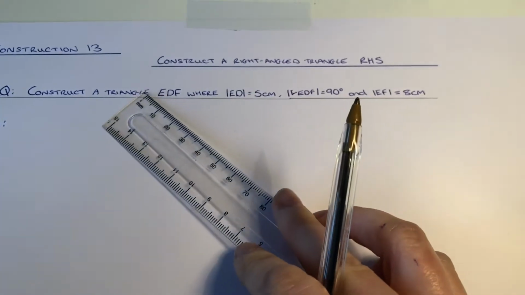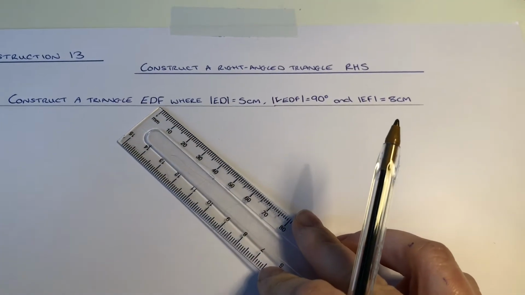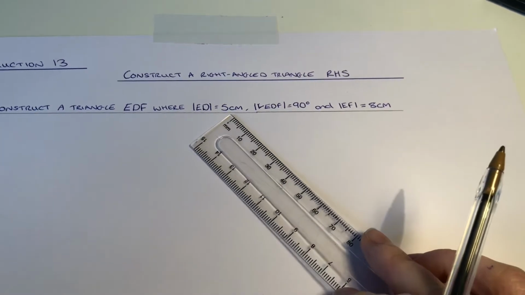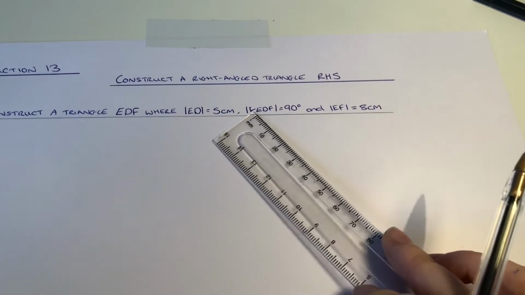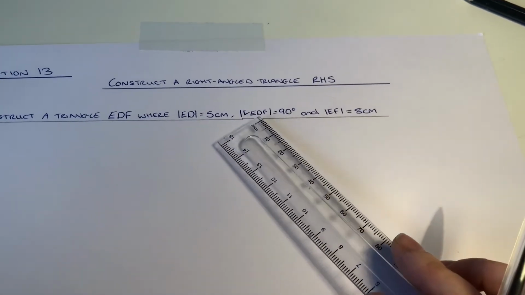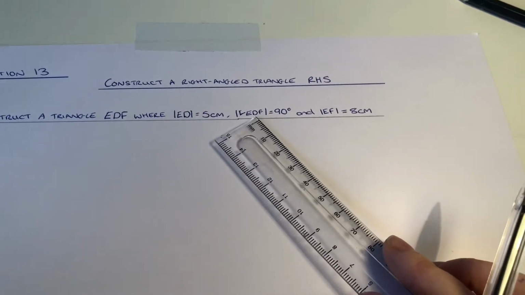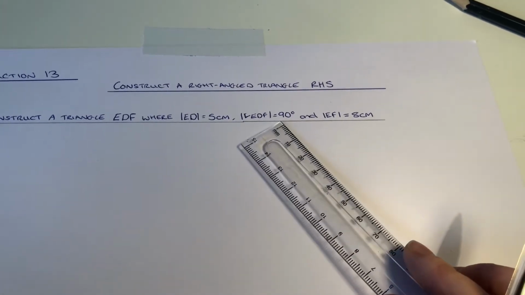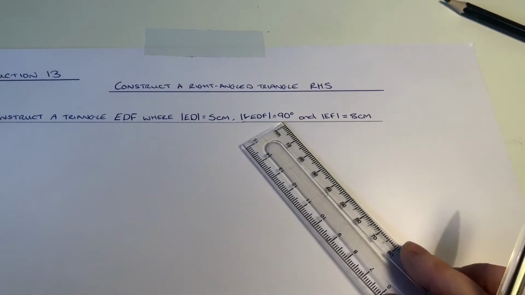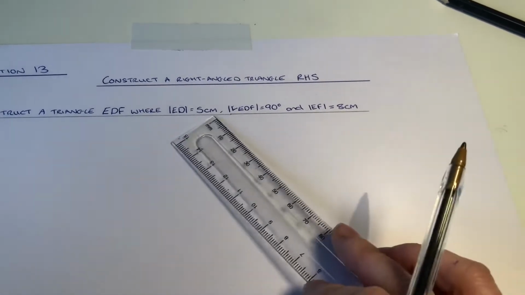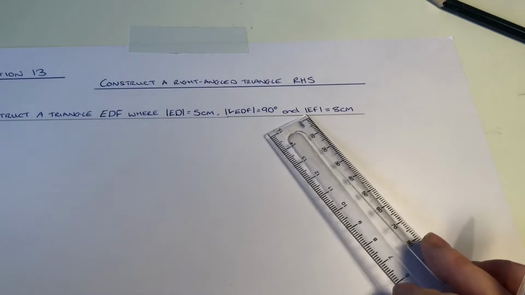Okay, so let's have a go at doing one ourselves. So construct a triangle, and again, EDF. This time, the measurement of ED is 5 centimetres, and the angle EDF, so sitting at the middle letter D, is 90 degrees. So this is where we see that we have a right angled triangle, and we have a third piece of information, another side length.